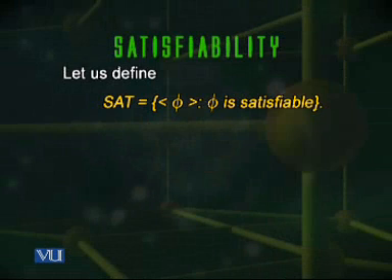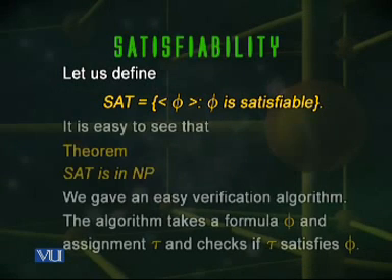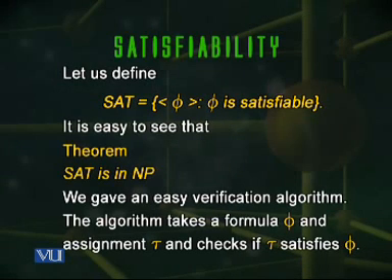Let us once again recall that satisfiability is the set of all formulas phi which are satisfiable. And we also saw that satisfiability is in NP. We gave an easy verification algorithm for it. The algorithm takes a formula phi and an assignment tau and checks if tau satisfies phi.